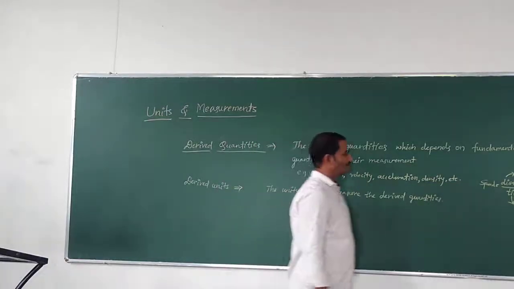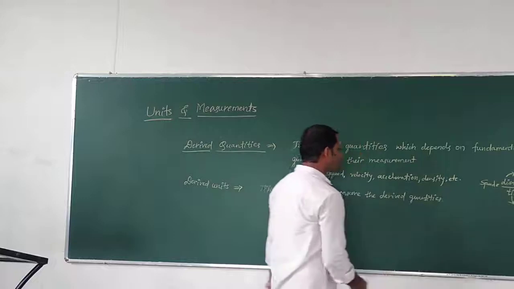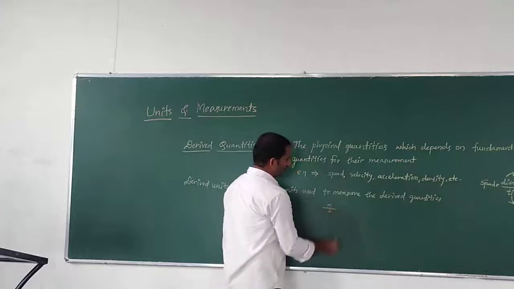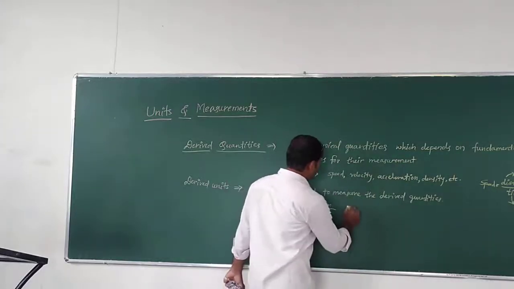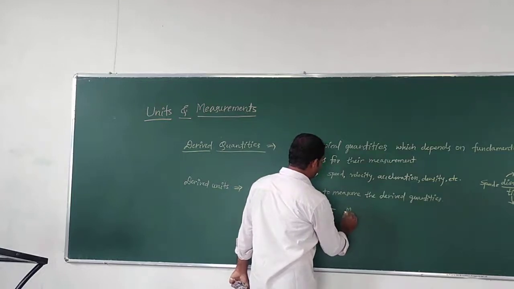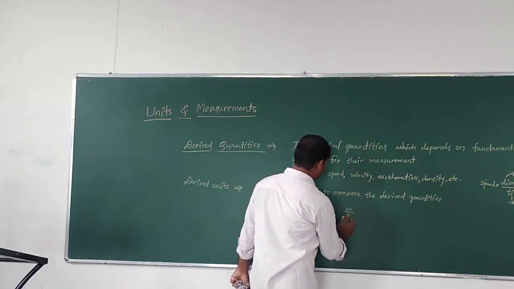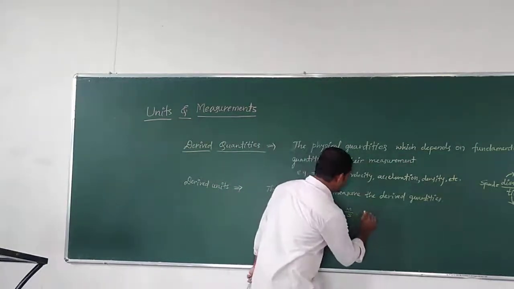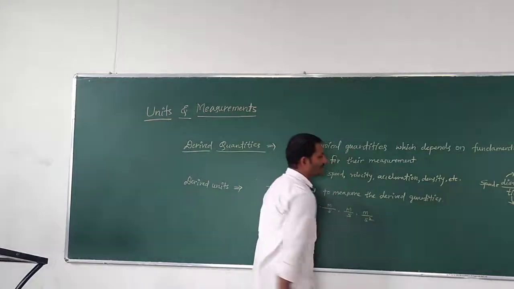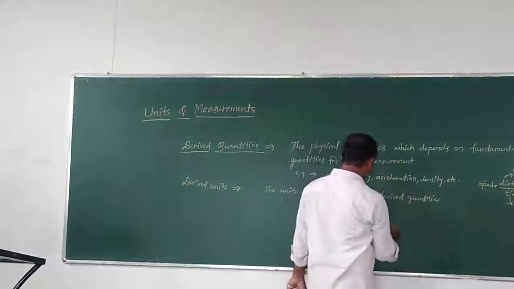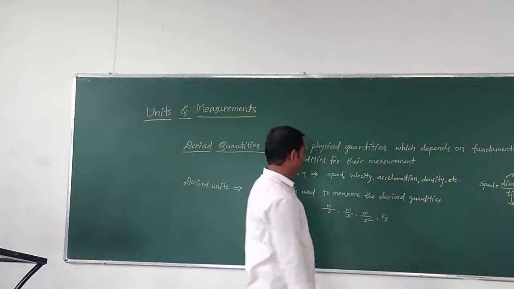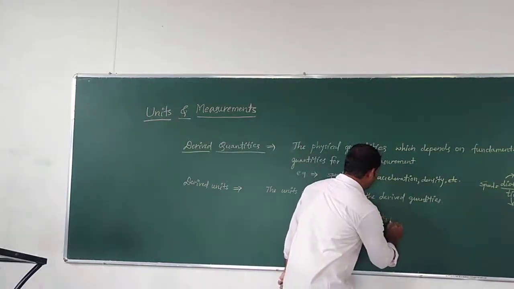तर स्पीड साठी आपण काय युनिट यूज करतो? डिस्टन्स इज मेजर्ड इन मीटर, टाइम इज मेजर्ड इन सेकंड, वेलोसिटी इज अगेन मीटर per second, then acceleration is meter per second square, then density is kilogram per meter cube.